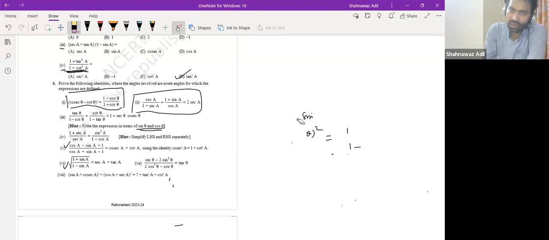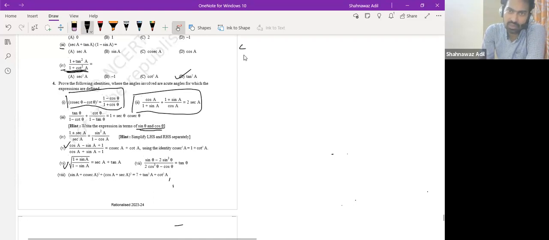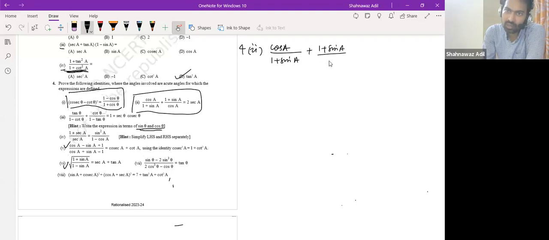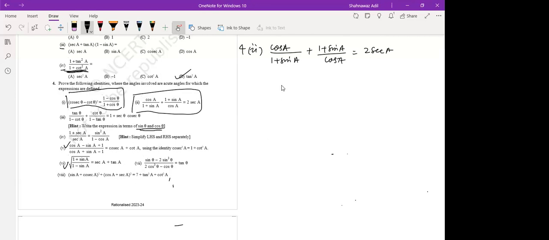Yeah, let us do the second part of this question. So we have 1 plus sine A, and then 1 plus sine A, and then cos A, equals 2 sec A. So which one can we simplify, left one or right one?